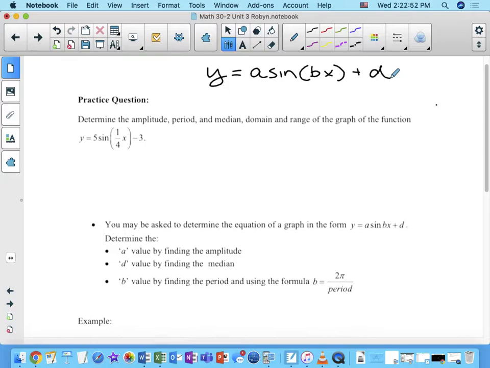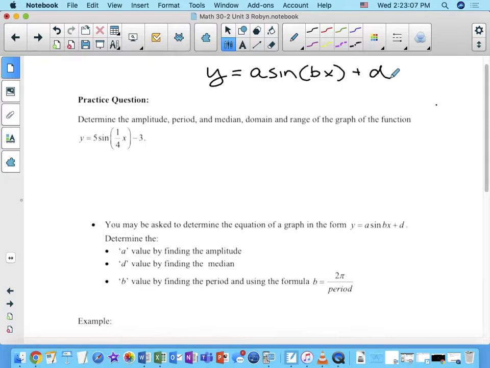Okay. And we looked at what each of the parameters, A, B, and D, represented on the graph. Where do they show up in the graph?